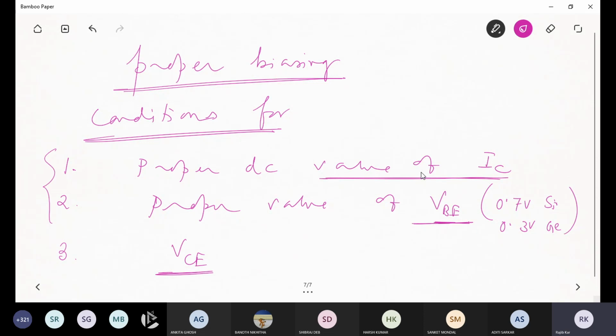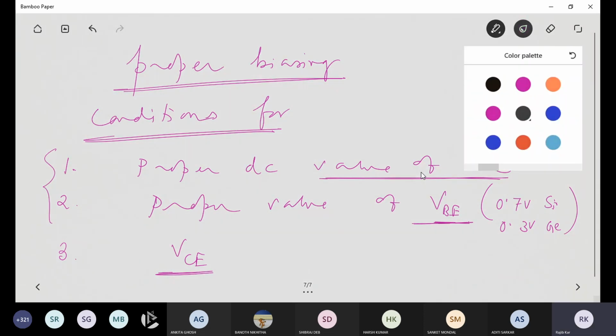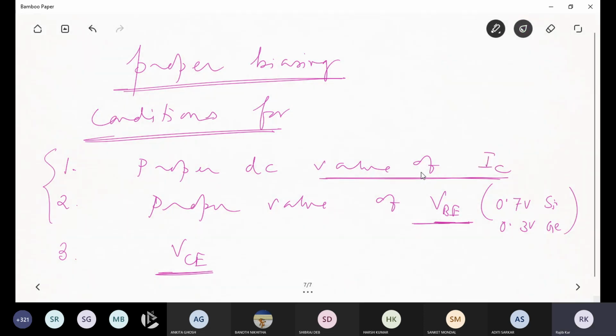These first 2 conditions are to make sure that the base to emitter junction is forward biased, and it will be forward biased during all parts of the signal.